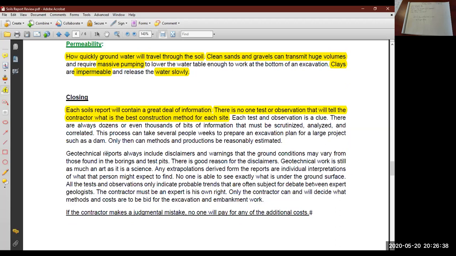This is something I should also mention. Geotechnical reports also include disclaimers and warnings that the ground conditions may vary from those found in the boreholes and the test pits. Geotechnical work is still as much an art as it is a science.